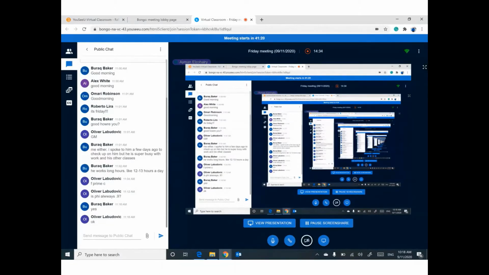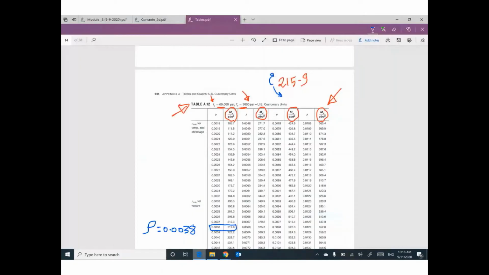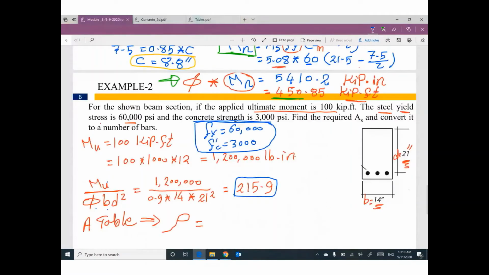Okay? So it's very simple. I will go back to the original story. From one part of the story, our structural analysis calculations, we can figure out the value of M. Then this moment will be divided by phi BD square. All the time we are using phi equal 0.9. So we can figure out this value.